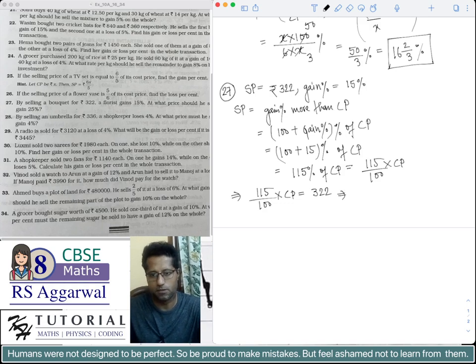So from here we can find out what CP is. CP is 322 multiplied by 100 divided by 115. Okay, 5 divides 115 with 23. 5 divides 100 with 20. I guess 23 will divide 322.